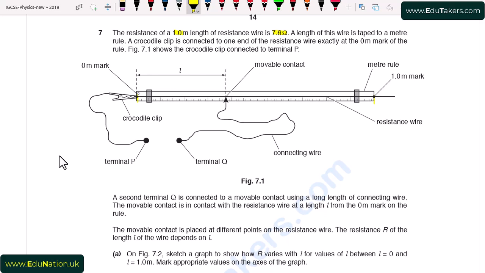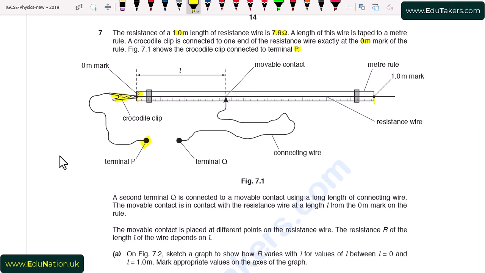A crocodile clip is connected to one end of the resistance wire exactly at the 0 meter mark of the rule. So we can see that it's the 0 mark of this rule and the crocodile clip is attached at 0 meter. Figure 7.1 shows the crocodile clip connecting to point P. So this is connected at point P. We can see it in figure 7.1.